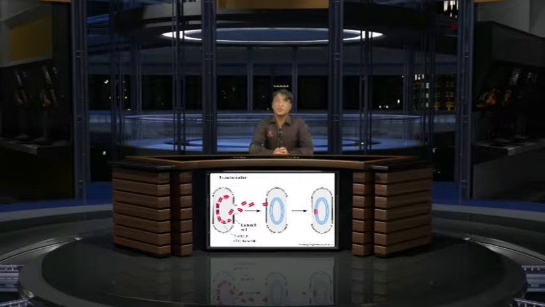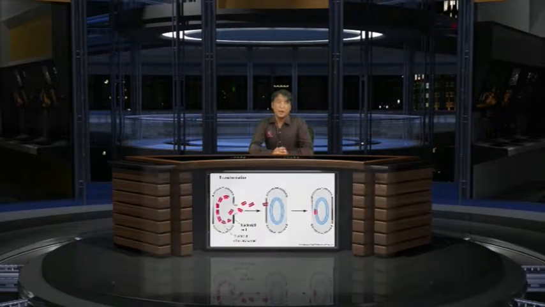So first of all, in this video tutorial, what we are going to discuss is transformation. Transformation was first explained by Lederberg and Tatum. According to the scientists, transformation is a process in which bacteria are able to take up naked DNA molecules from the medium.